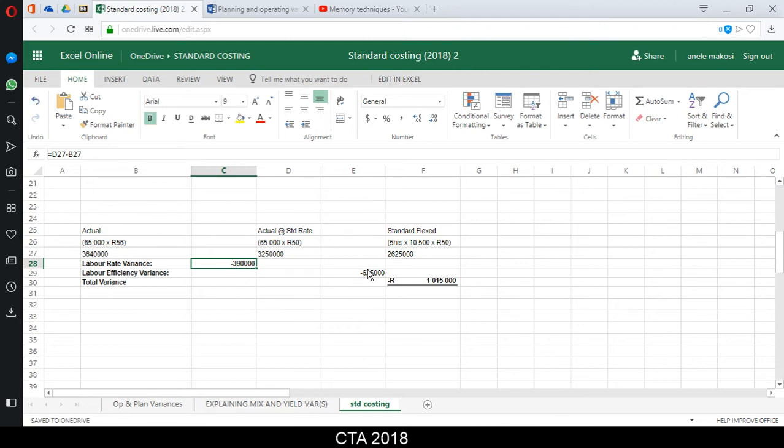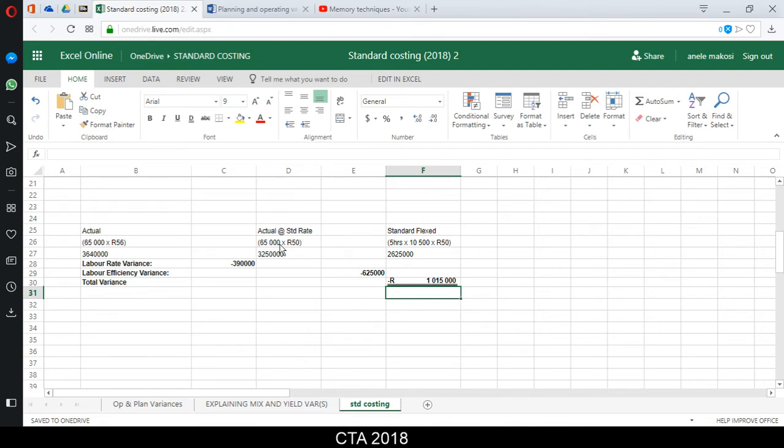And then my labor efficiency variance is going to be the standard flex minus actual hours at standard rate to get 625,000. Now the total variance here is 1,015,000.